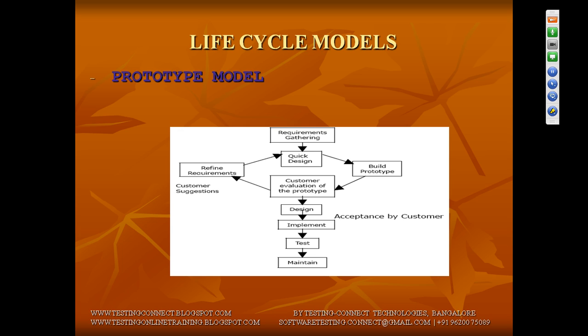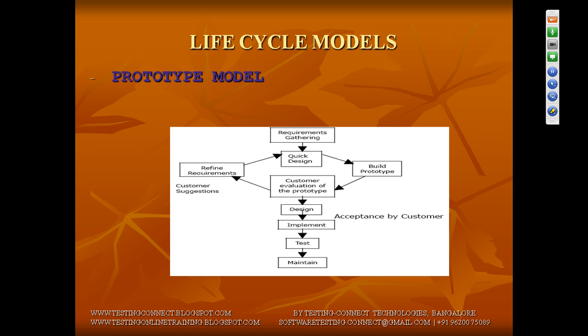As soon as you gather requirements from the client, you come up with a very quick design. For that design, you make a prototype, like a PPT kind of thing. You send that prototype to the client for review.